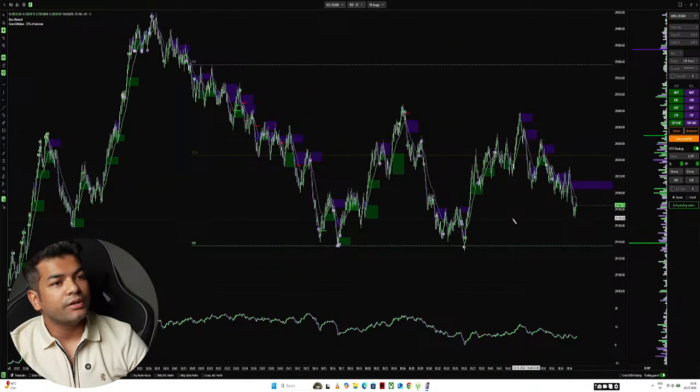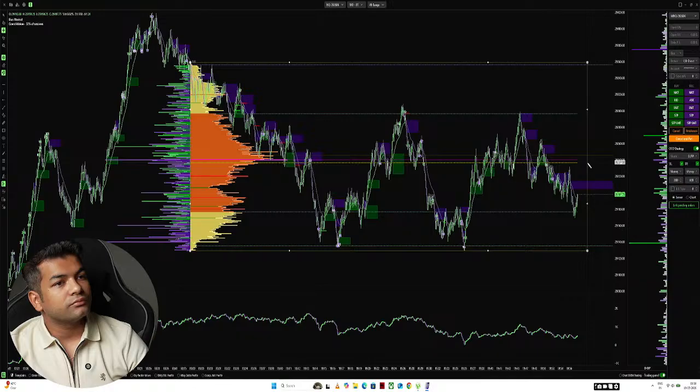We are trying very hard to break downside. So there are huge efforts of sellers. Let's see. This is the zone.